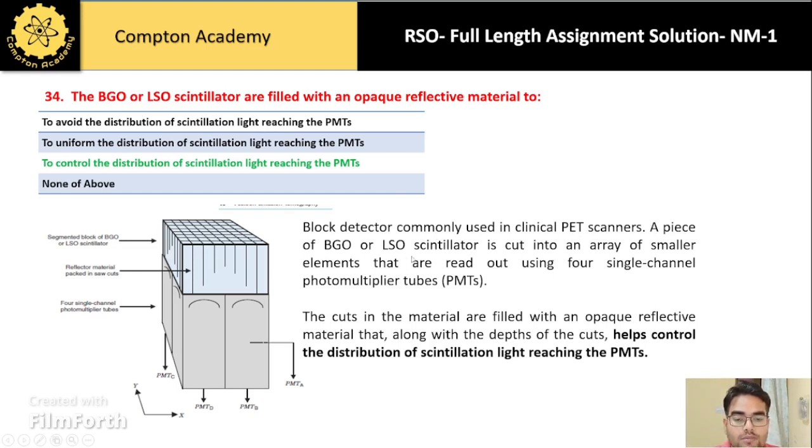A piece of BGO or LSO crystal is cut into an array of smaller elements that can be read out by four single channel photomultiplier tubes, and the cuts in the material are filled with the opaque reflective material. Along the depth of the cut, it helps to control the distribution of the scintillation light reaching the PMT.